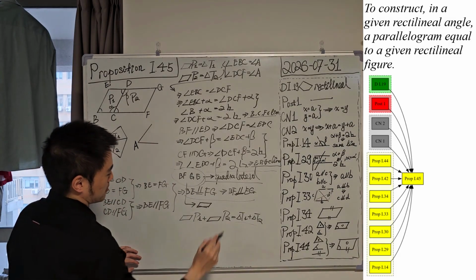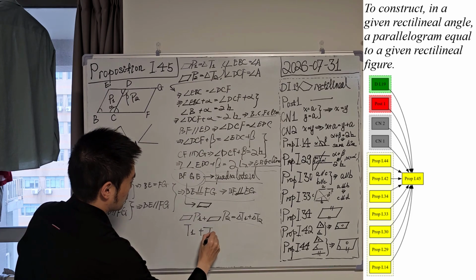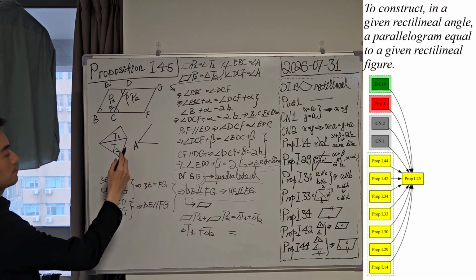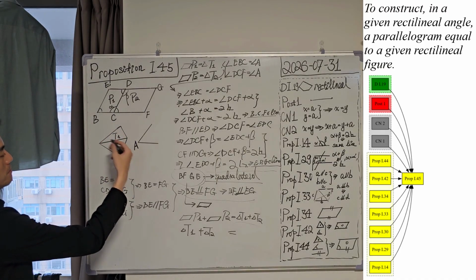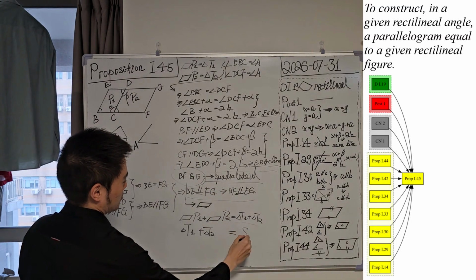And what is T1 plus T2? We know that T1 plus T2 will be equal to the area of this quadrilateral, right? So let's say it as S. Assume this is S.